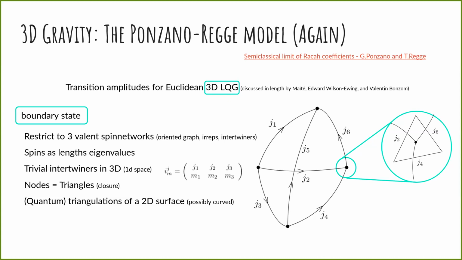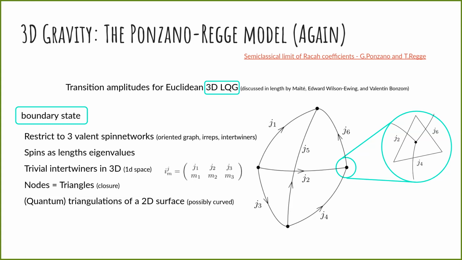Of course, spin networks are supported on oriented graphs, where you color with SU(2) irreducible representations, also known as spins. At the nodes, you put intertwiners to have gauge invariance. The spins are eigenvalues of the length operator. Therefore, lengths are quantized because the spectrum of the length operator is discrete, being the Casimir of SU(2).